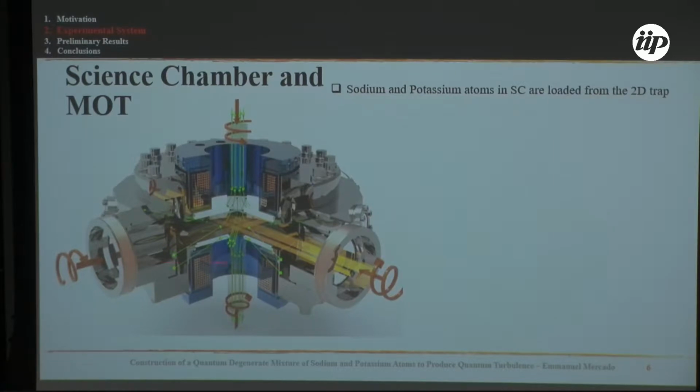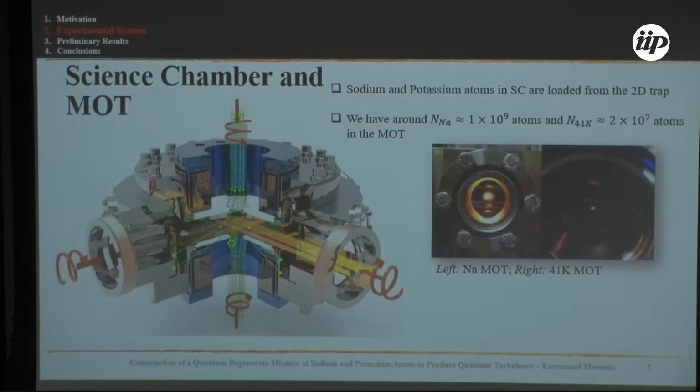In this chamber, we load the potassium and the sodium atoms from each side, and produce our two MOTs. This is for sodium here, and this is the MOT of potassium. They are together in the same place, so we have to misalign each MOT a little bit to have both of them sharing the same space.